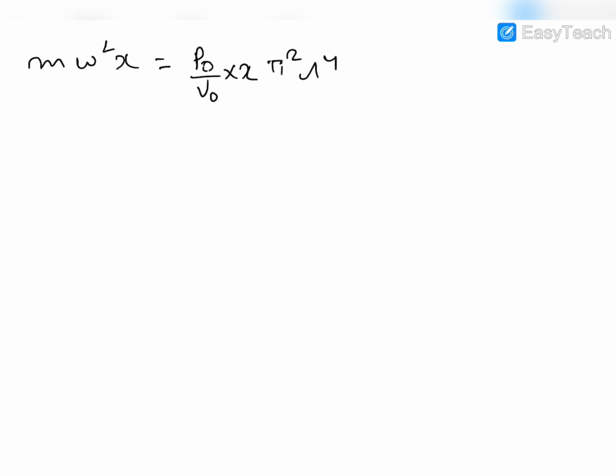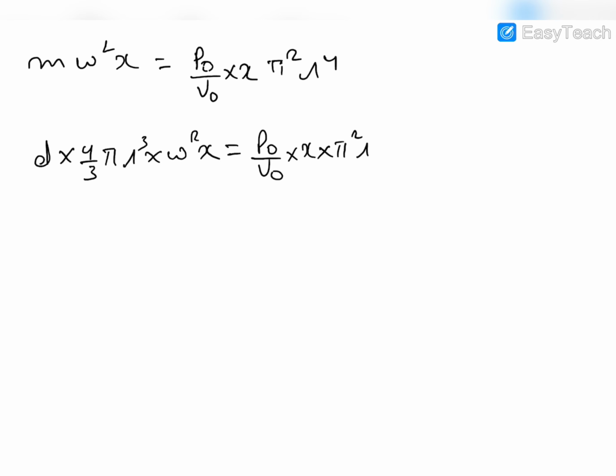So the mass of the ball is not given, but its density is given. So mass will be density into 4 by 3 pi r cube into omega square into x, and that is equal to P0 by V0 into x into pi square r to the power 4.